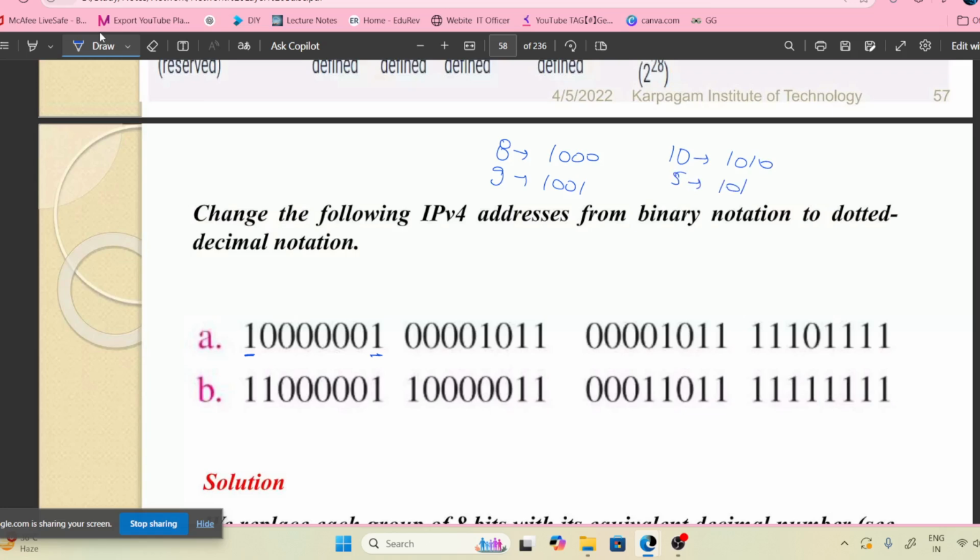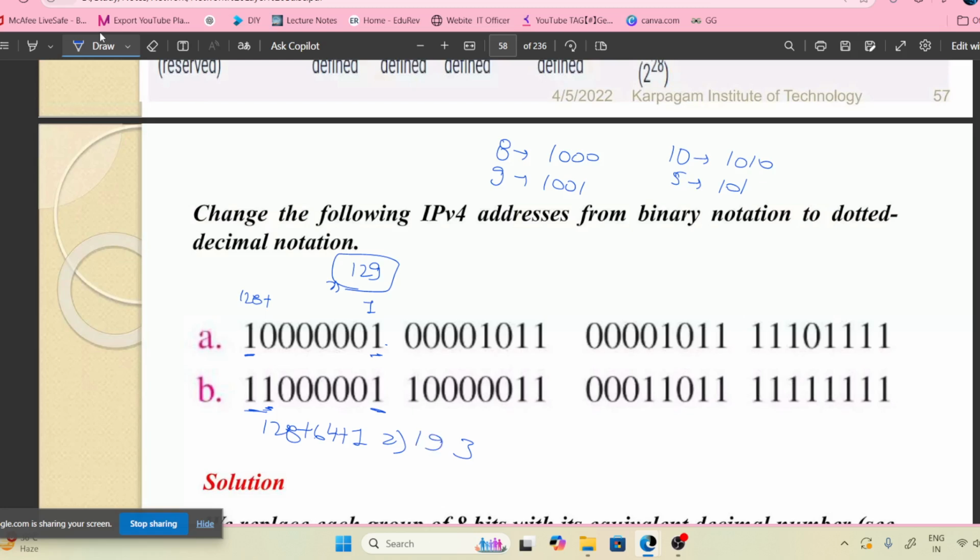Now we have this number. What is this number? This is 128 plus 1, so it becomes 129. Again, this number is 128 plus 64 plus 1, so it becomes 193.